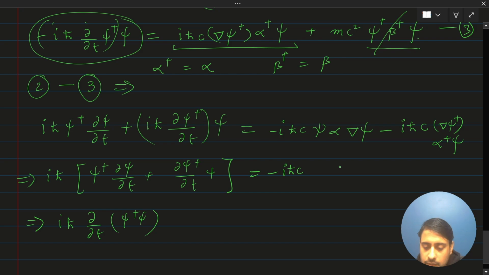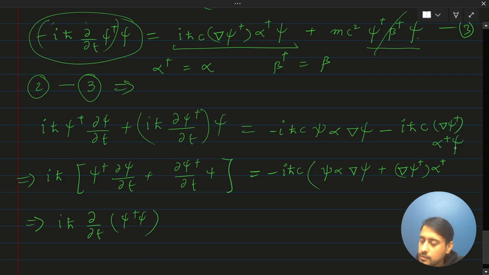And in the right hand side what we have is minus iħc. Clearly this we can take out as common. So this is ψ† α ∇ψ plus ∇ψ† α† ψ, but now we can write α† as α.